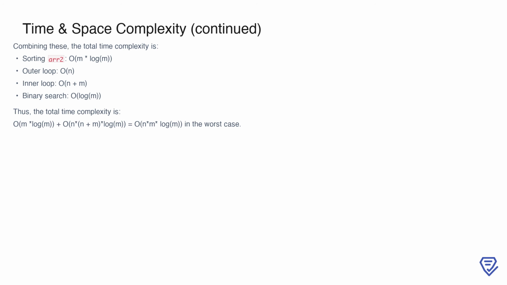Multiplying these factors together, we get a total time complexity of m * log m for sorting, plus n * (n plus m) * log m for the nested loops. Simplifying this, the overall time complexity in the worst case becomes n * m * log m. This is a significant improvement over a brute force approach, as we'll discuss shortly.